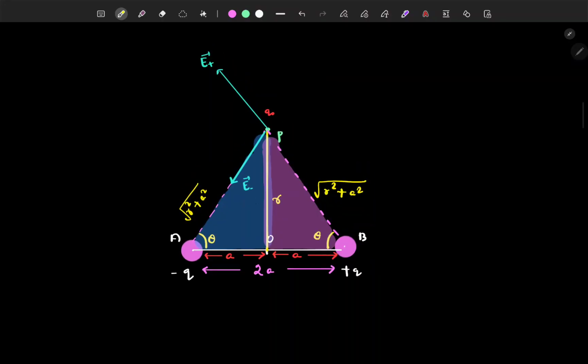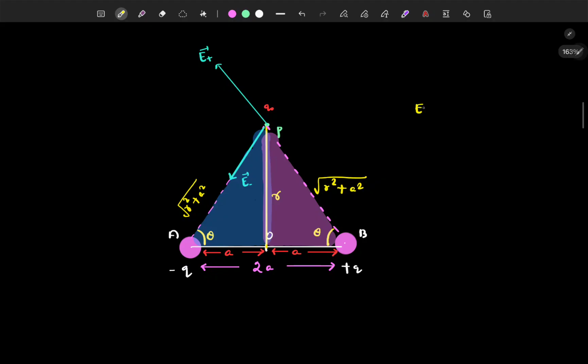Magnitude of E plus vector is K into source charge magnitude divided by distance square. So this distance whole square, the answer is KQ by R square plus A square.